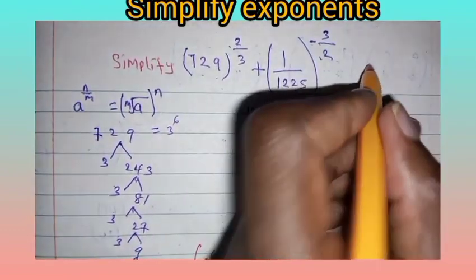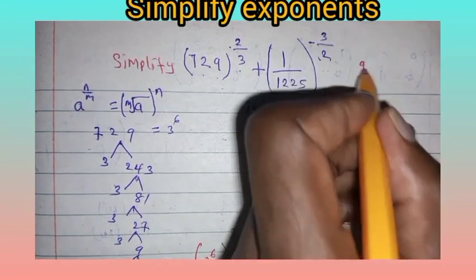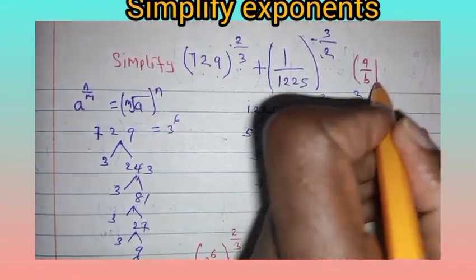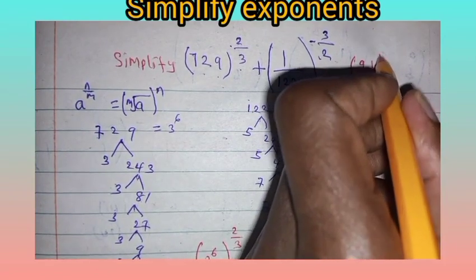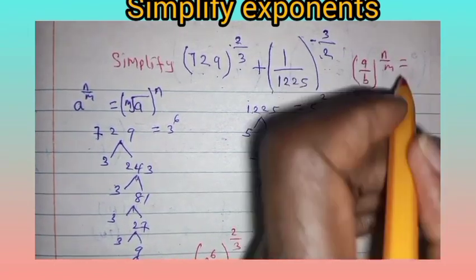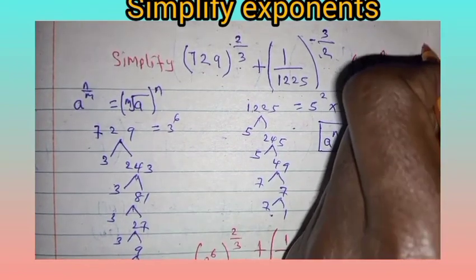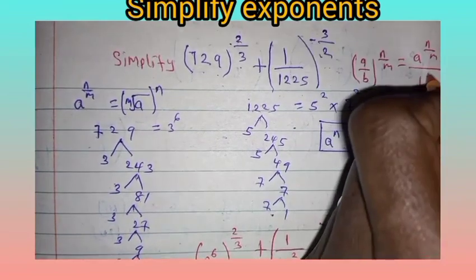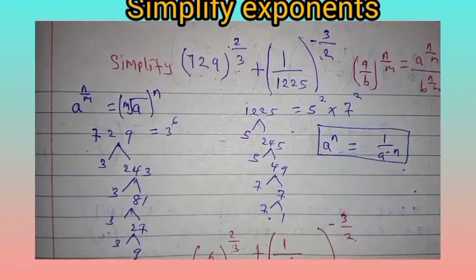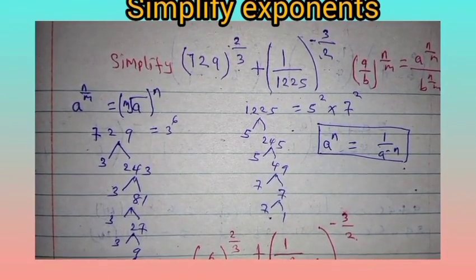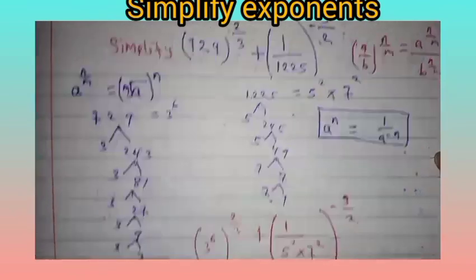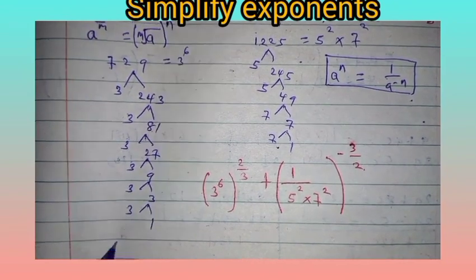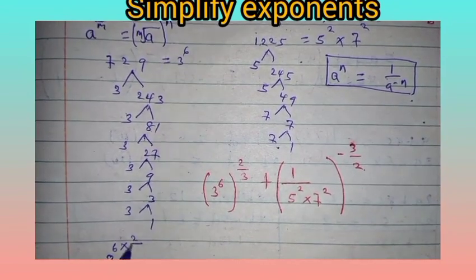Also, we can make use of this other identity here. If you have a over b power n over m, this is the same as writing a power n over m divided by b power n over m. So that is what you are going to do here. In this part, you have 3 power 6 multiplied by 2 over 3.